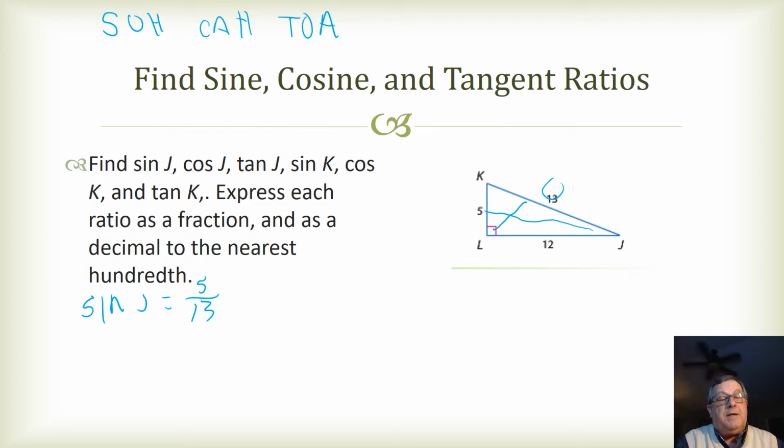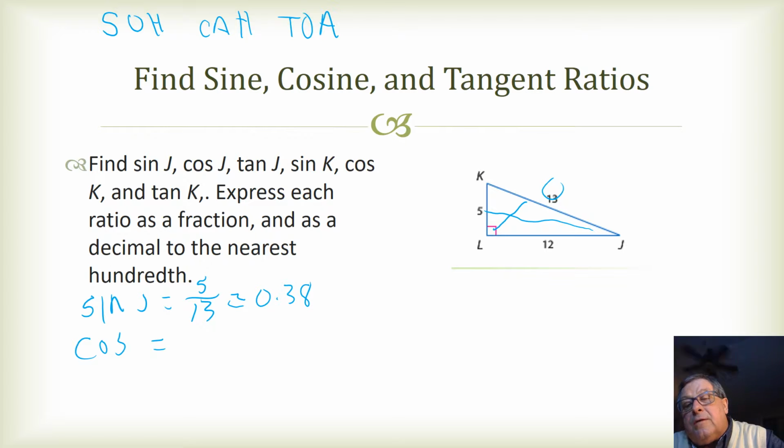Now, if we want to get that in decimal form, I just go to my calculator, put in 5 over 13, rounding to the nearest hundredth, and that is approximately equal to 0.38. All right, cosine of J. Well, the cosine of J, CAH, is the adjacent side over the hypotenuse, and the adjacent side of J is 12.